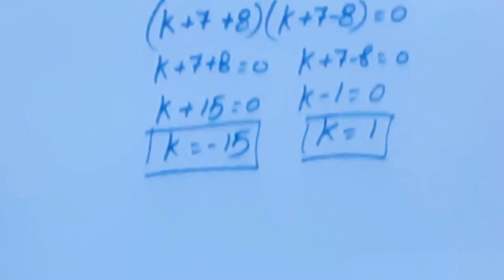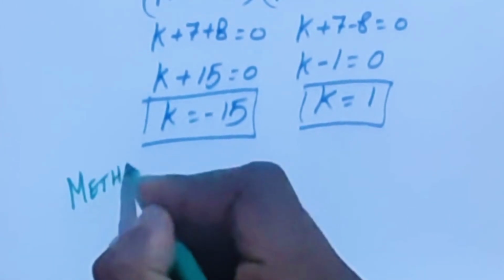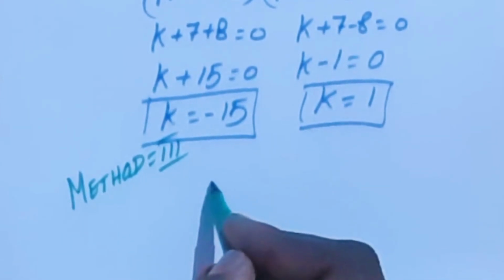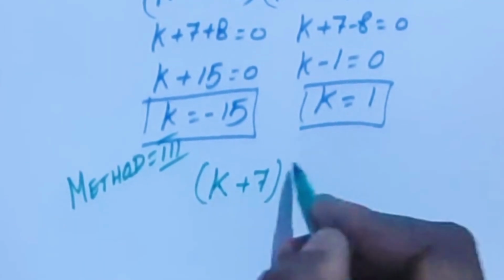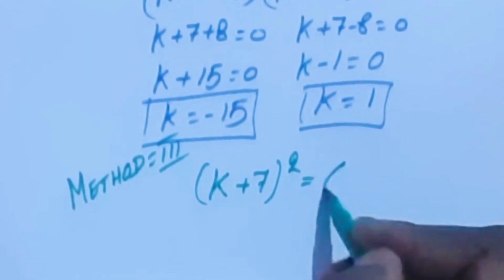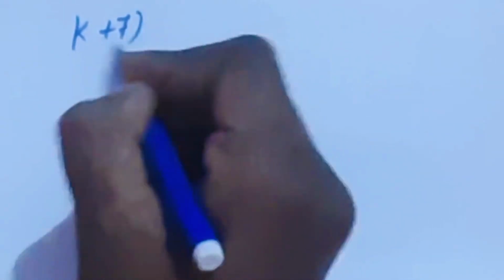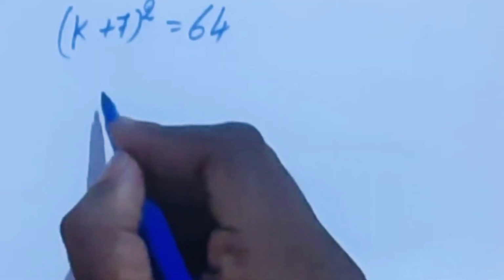Now we are going to try another method, method 3. Here the equation is (k + 7)^2 = 64. Here we are going to take the square root on both sides.